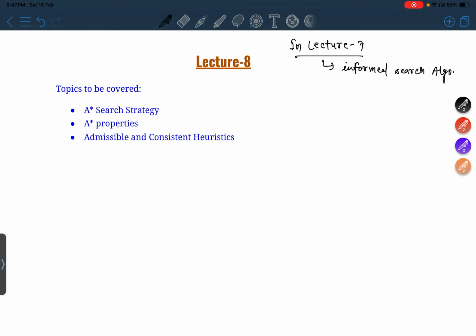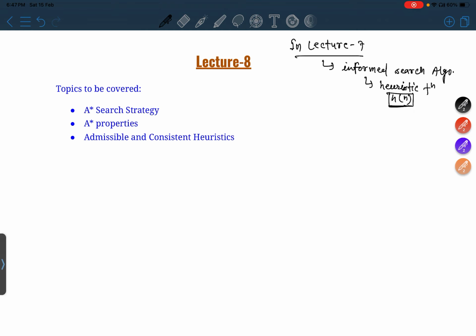Informed search algorithms use one extra piece of information about the problem statement, called heuristic information or the heuristic function, and this heuristic function was computed by relaxing some of the constraints of the problem. We represented the heuristic function as h of n.